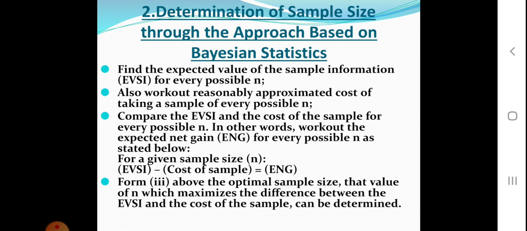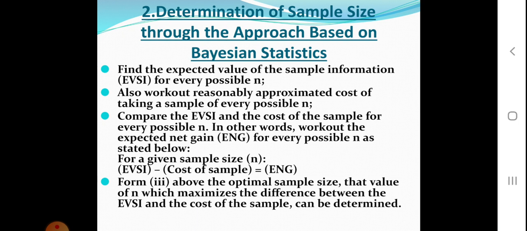First, find the expected value of sample information, that is EVSI, for every possible n. Next, also work out a reasonably approximated cost of taking a sample of every possible n. Next, compare the expected value of sample information and the cost of sample for every possible n.